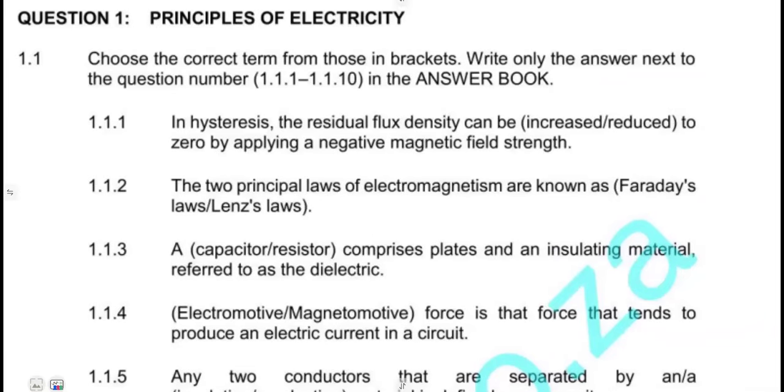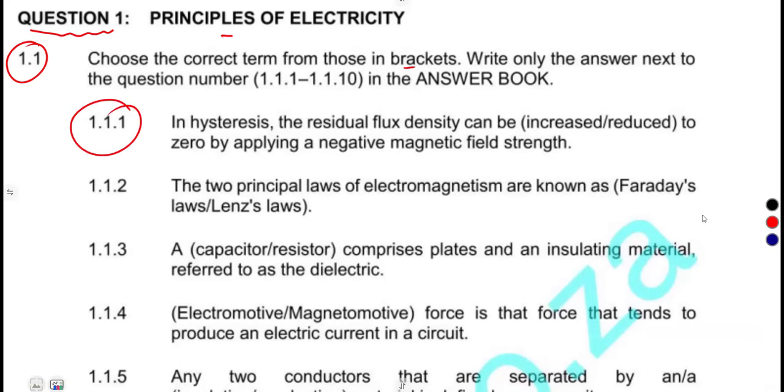I'm just going to quickly go through these questions that we are given. Question number one, as we do understand, it is our principles of electricity. So you're given the first part, 1.1, to choose the correct term from those in brackets, and you're supposed to write only the answer.